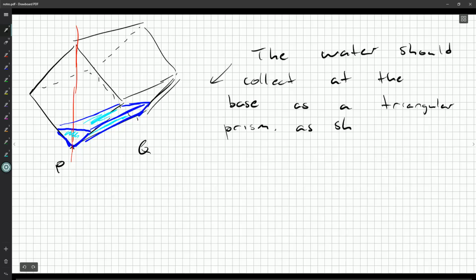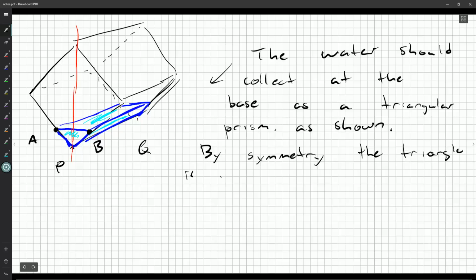And we can even say as shown. Alright, so by symmetry, and we can attach some points here. I'm going to say A here and B here. By symmetry, the triangle is isosceles.